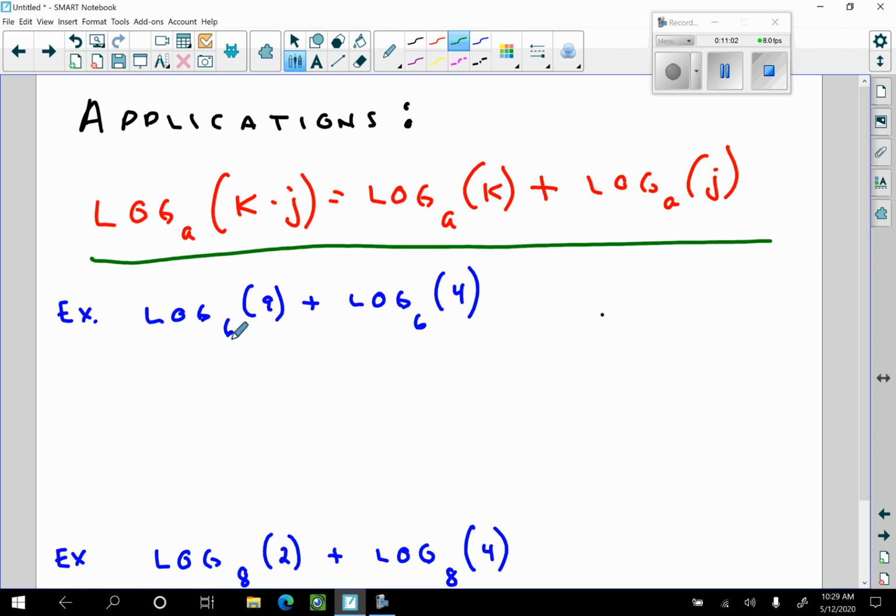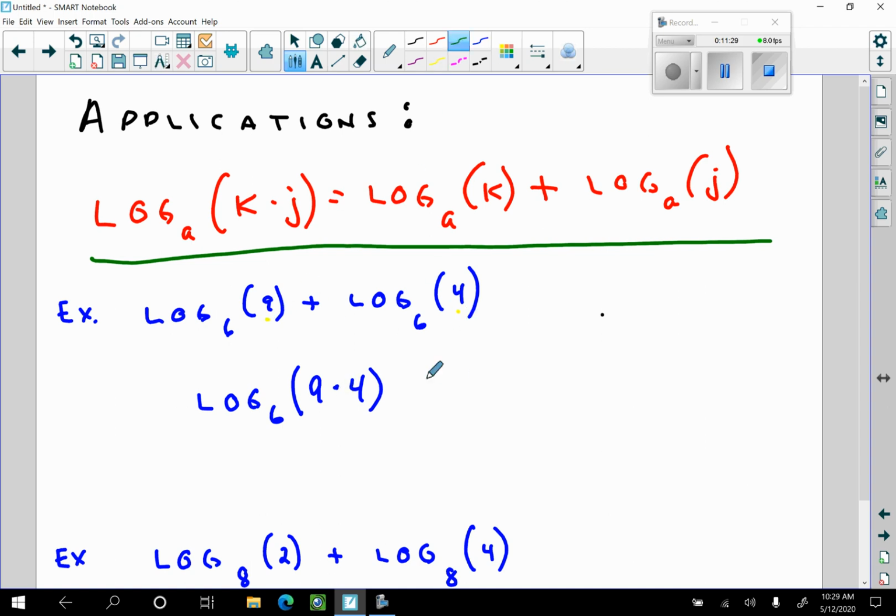This is what I'm going to use. And look what I have. I have the log base 6 of 9, which I don't know. 6 to what power is 9? I don't know. Plus the log base 6 of 4. 6 to what power is 4? I don't know. But look what I can do. I can use this product property, and this is going to be the log base 6 of 9 times 4.